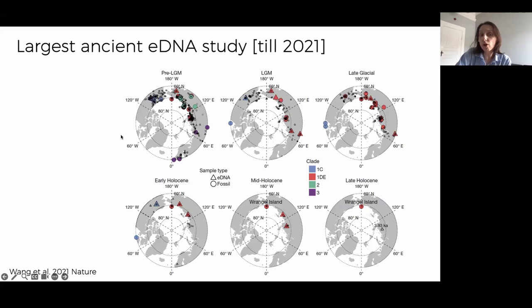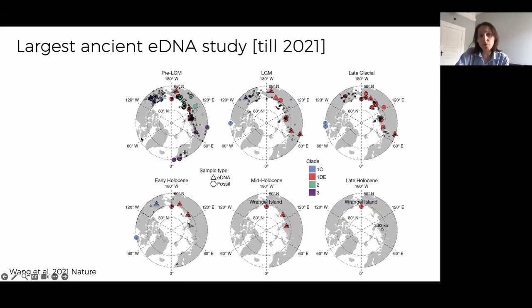But as we move to the Holocene, we notice two things. First, there is a significant decrease in the number of sites where we have confirmed mammoth presence. But also, in terms of skeletal remains, we are only seeing that evidence on Wrangel Island, which is well known as one of the last holds of mammoth.